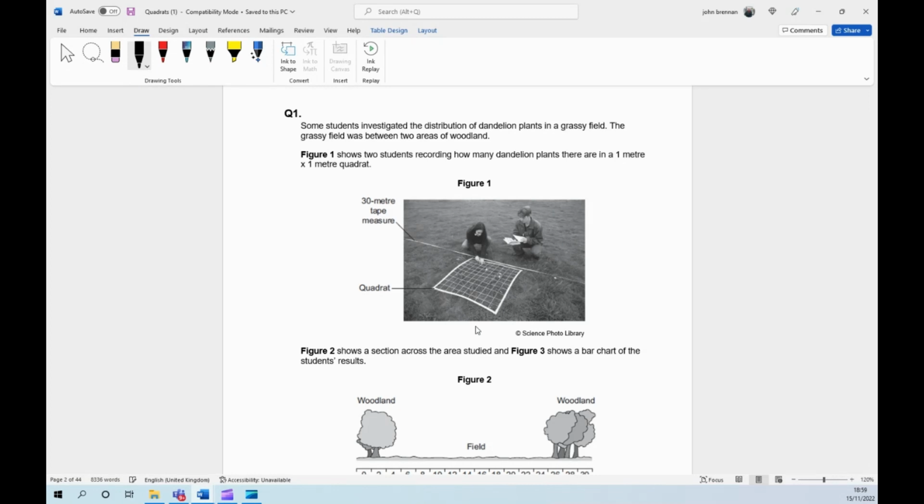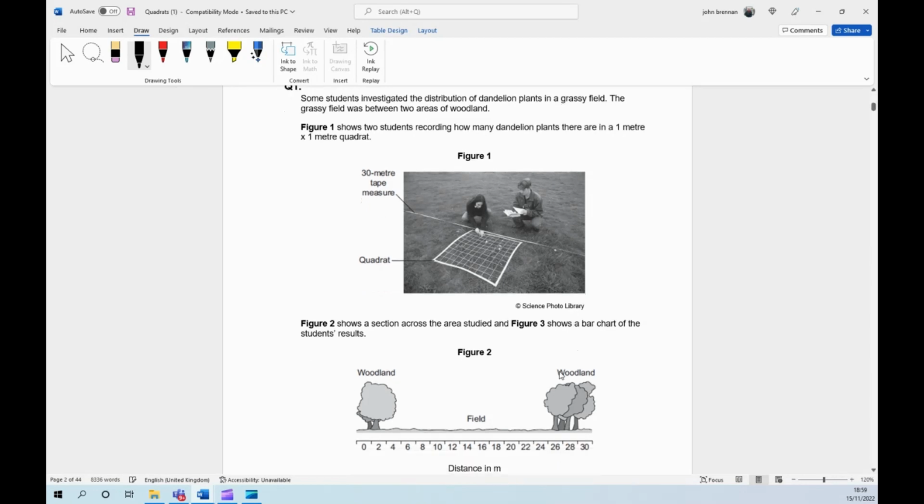Now, what they've done is they've put a 30 meter tape measure in between these two areas of woodland, and they've made their survey line in between these two areas. They've put out their quadrat along this survey line, and if you have a look down here, 0, 2, 4, 6, 8, 10, all the way up to 30.